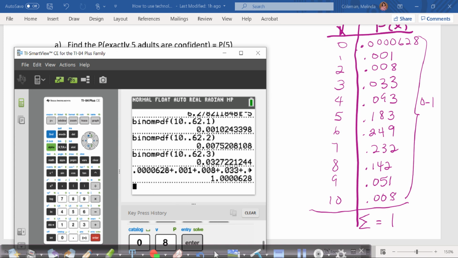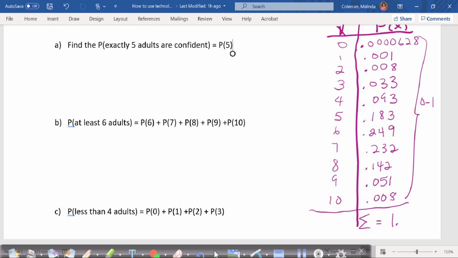Hit enter, and yes, indeed, they are a little bit more than 1, and that's not surprising since we rounded throughout to 3 decimal places. Had we never rounded, we should have come up with exactly 1, but this is close enough and fine for verification purposes.